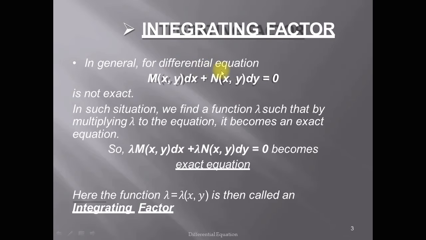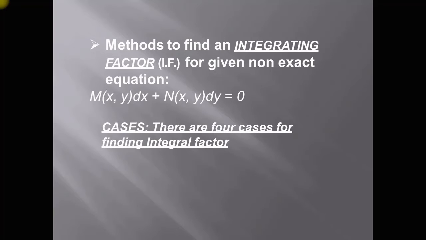So in general, if this differential equation is not exact, we find a function lambda such that by multiplying lambda with the given differential equation, it becomes an exact differential equation. Here the function lambda, a function of x and y, is called an integrating factor. Now the next question is how to find the integrating factor. There are 4 cases to find an integrating factor for a non-exact differential equation.